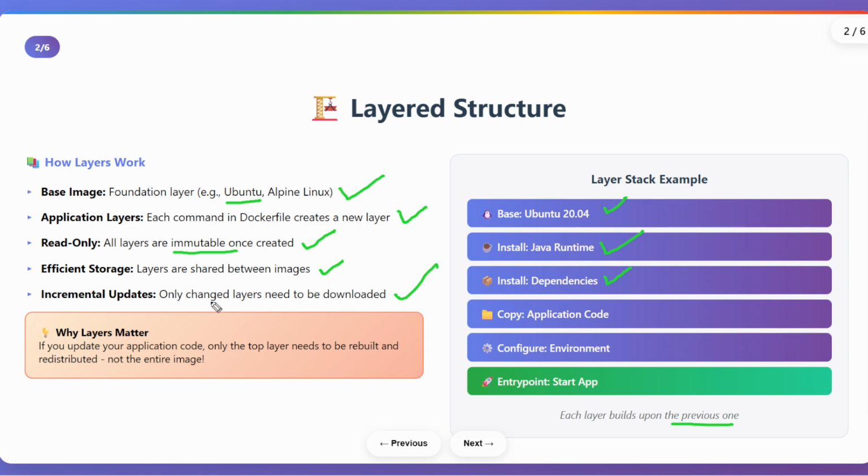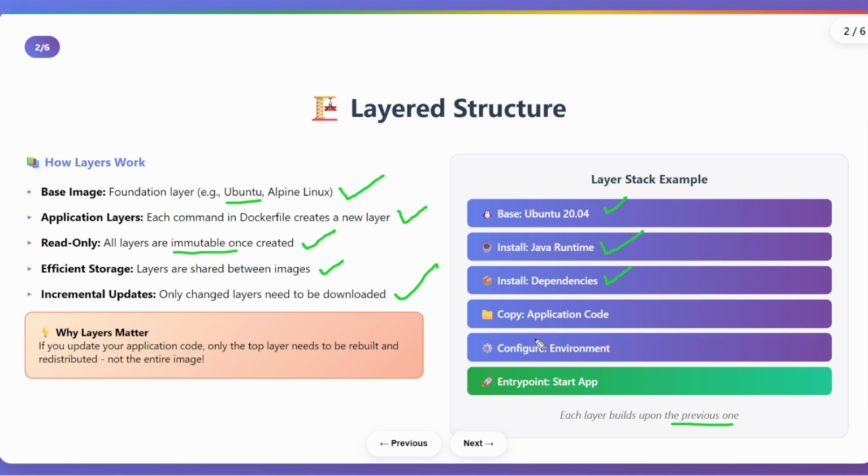And coming to incremental updates, only changed layers need to be downloaded. Let's say you build an image, you make some changes in the code and you build the image again.